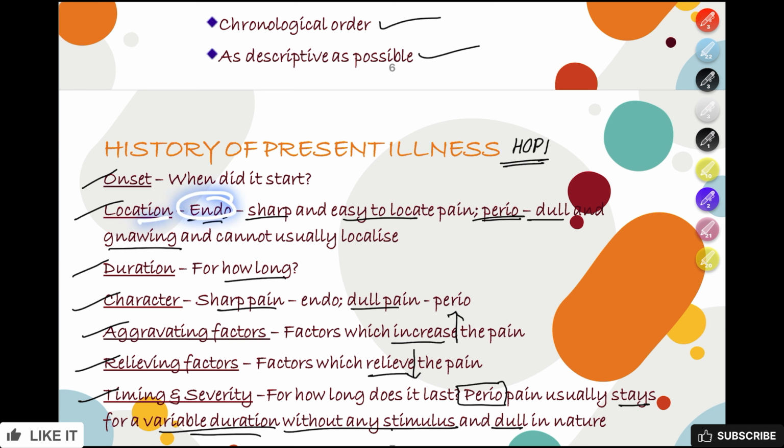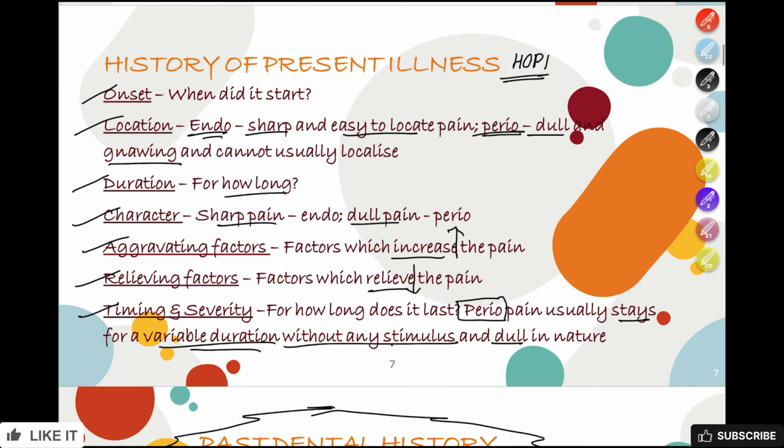Location. In endo, there is sharp and easy to locate pain, but in periodontology, we get dull and gnawing pain and cannot usually localize. Duration, for how long the pain is there. Character. Is it sharp shooting or is it a dull pain? If it is sharp shooting, it is a pain related to endodontics, and if it is a dull pain, it is related to periodontics. Aggravating factors are factors which increase the pain.